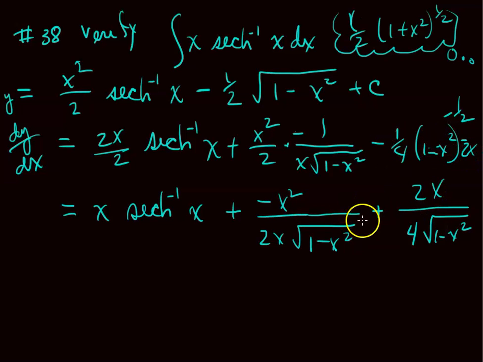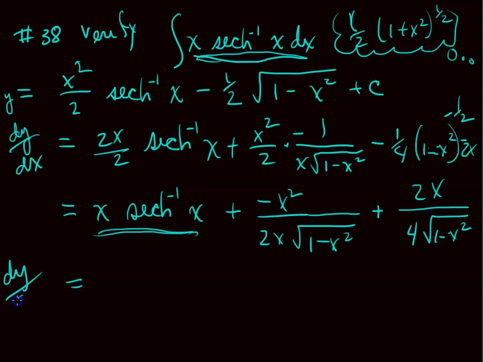That's what I was trying to do, is get rid of this, because I just wanted this first part for the x sec inverse x. So that's why I'm glad that happened. You stop for a second, you say, what's going on here? This isn't quite coming out the way it's supposed to. It's supposed to be just that. So you've already got that over here. These things, they've got to cancel somehow.